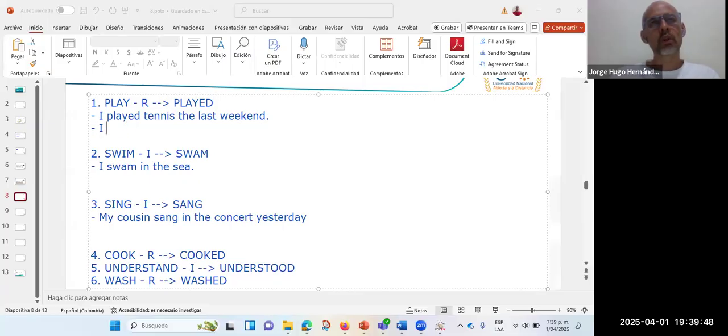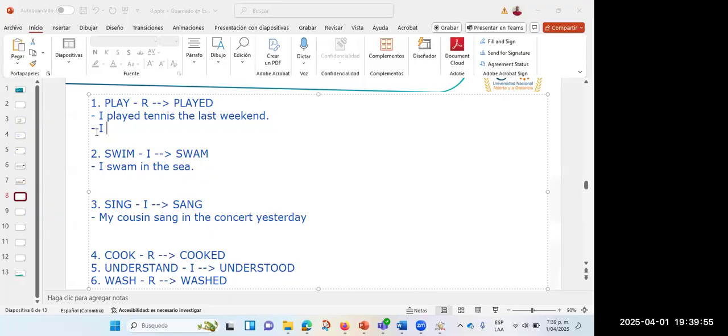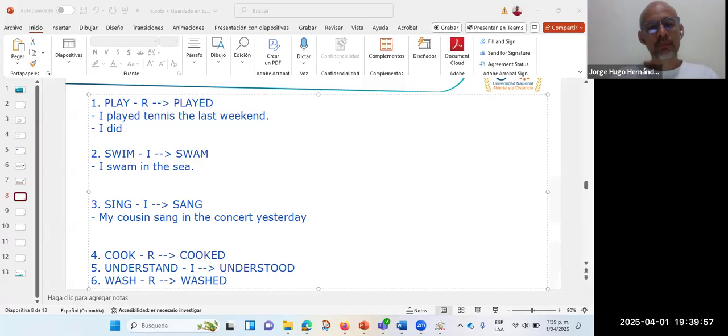But in past, what do we use in order to make negative sentences? Didn't. Yes, that's correct. We use the auxiliary verb did, with the negative form, no? I did not, or simply we say I didn't.